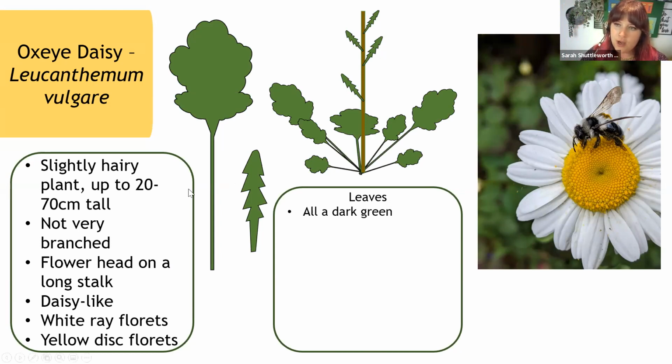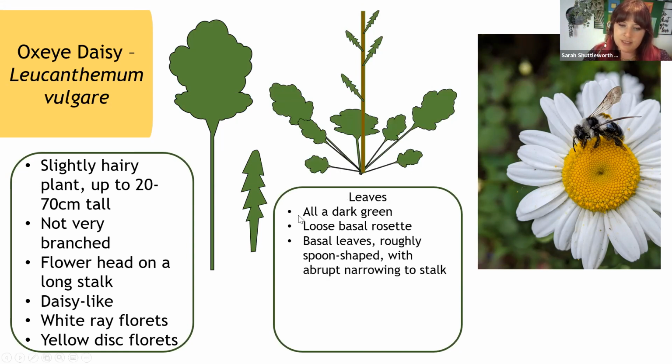The leaves are quite a dark green. We were talking before about crosswort having that yellowish green, whereas oxeye daisy is all a dark green colour. The basal rosette of leaves is not flat to the ground like a dandelion, cat's ear or something like that. It's a loose basal rosette with the leaves spiraling up, but not flat to the ground.